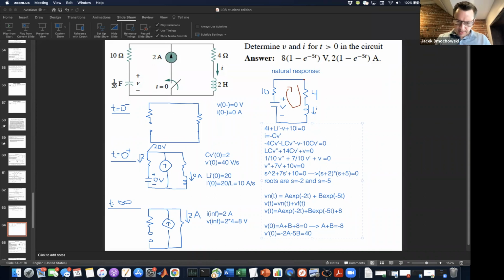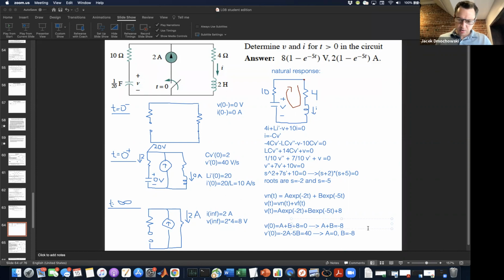Right. And so solving these two equations simultaneously, we get that A is equal to 0 and B is equal to -8. You can see that here. Right, so if you just try it, 0 minus 8 is -8, and -5 times -8 is 40.